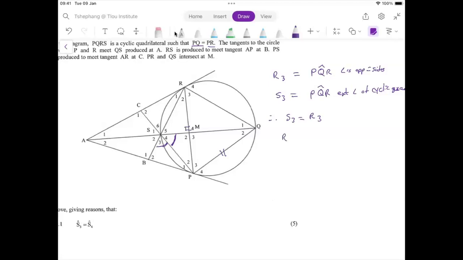Now we also know that R3 is equal to, if you look at the bow tie, R3 must be equal to S4. What's the reason? Angles in the same segment.